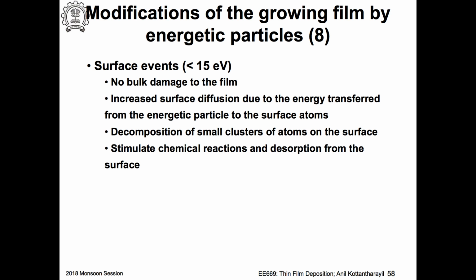And the reverse process can also be happening, that is decomposition of small clusters of atoms on the surface by the surface events that stimulate chemical reactions and desorption from the surface if there are some volatile materials on the surface. So these things become actually important for chemical vapor deposition used in plasma conditions.